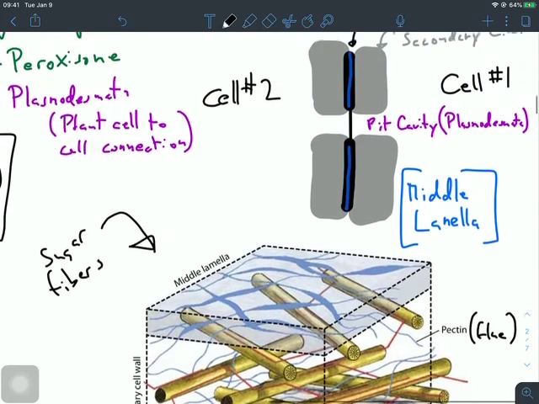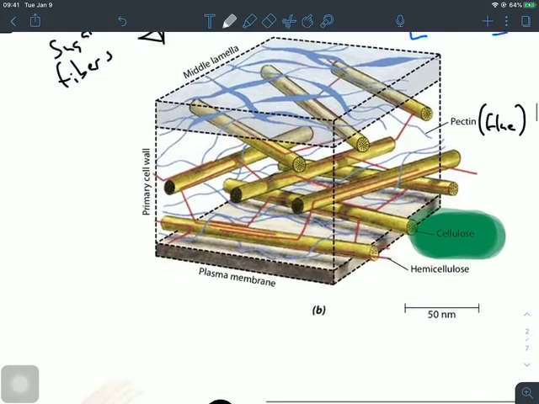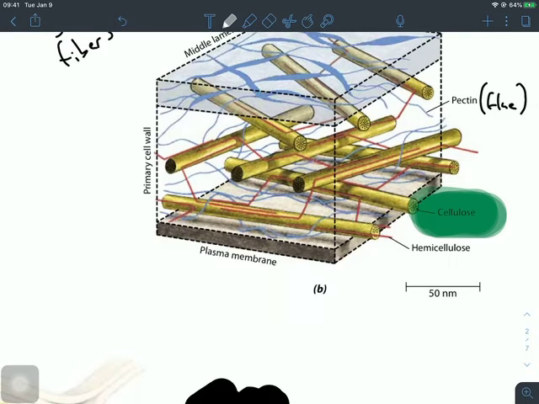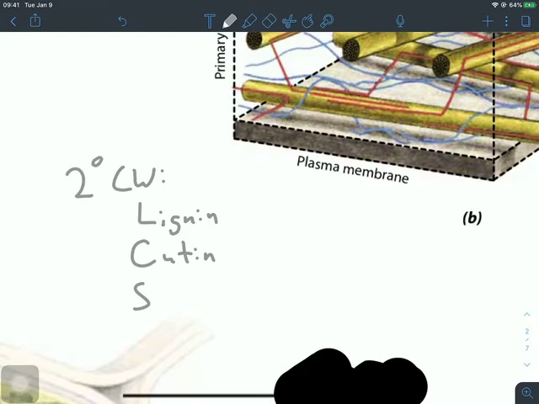Now, in terms of your secondary cell wall, we're going to be using three sugars very frequently. Those sugars in our secondary cell wall are lignin, cutin, and suberin.